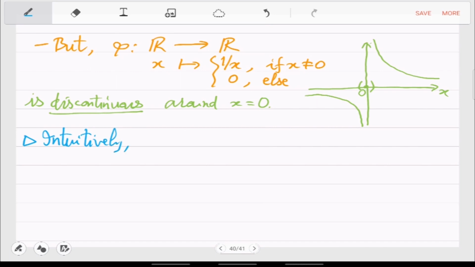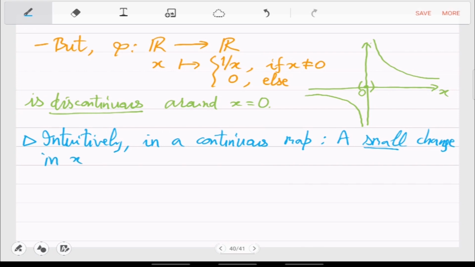So intuitively, in a continuous map, you don't have jumps. So a small change in x leads to a small change in phi.